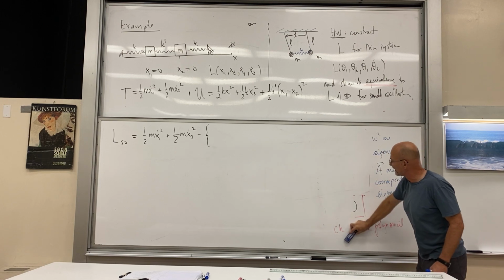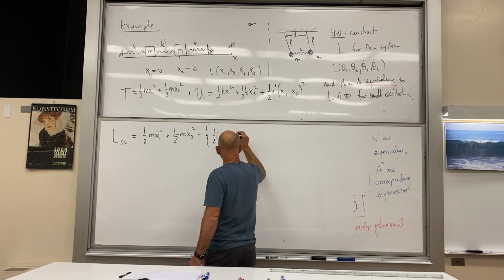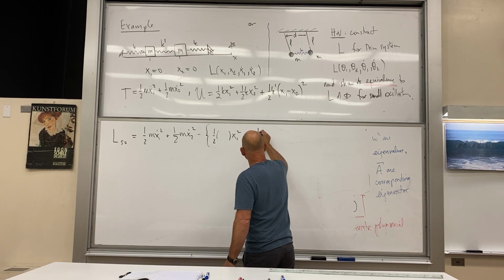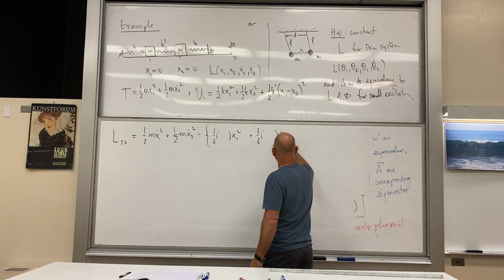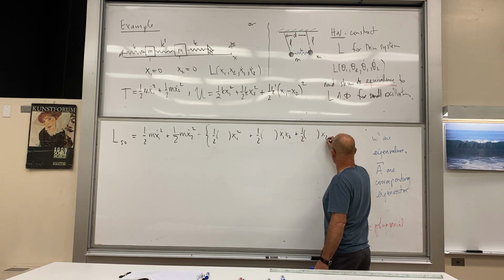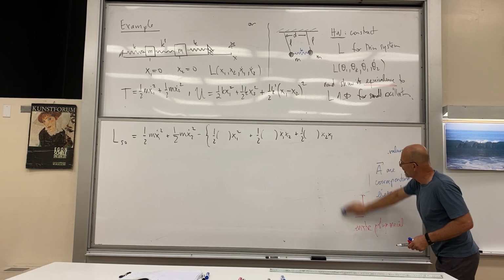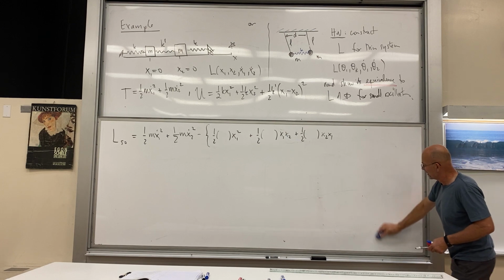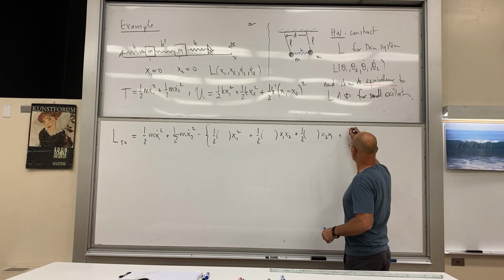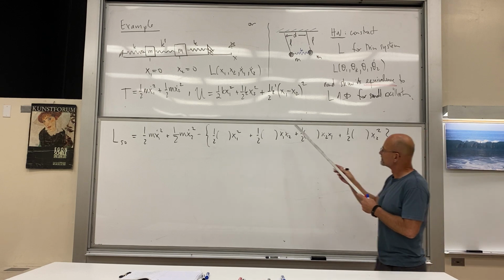When we multiply all this out, we are looking for 1/2 times something x1 squared plus 1/2 something x1 x2 plus 1/2 times something x2 x1. This is the one we're going to put in by hand. This is that bookkeeping I was telling you about, 1/2 something x2 squared.